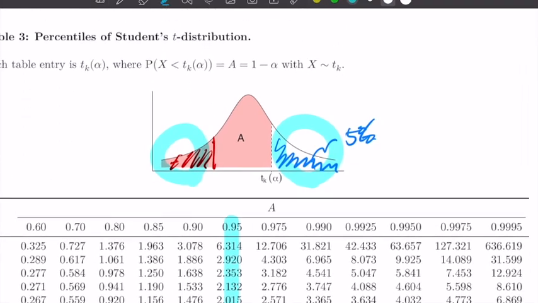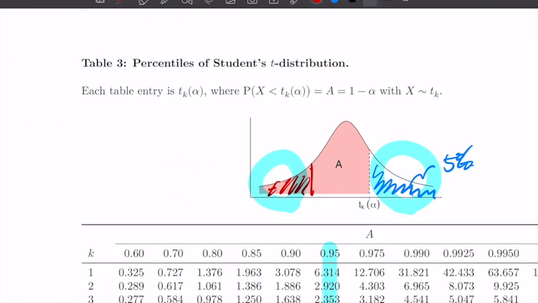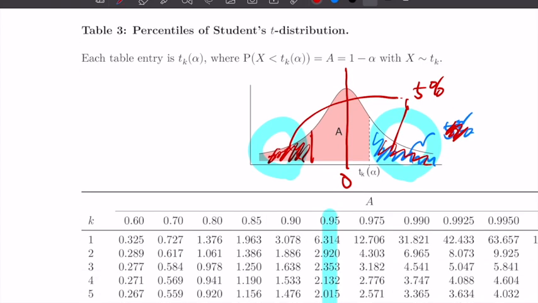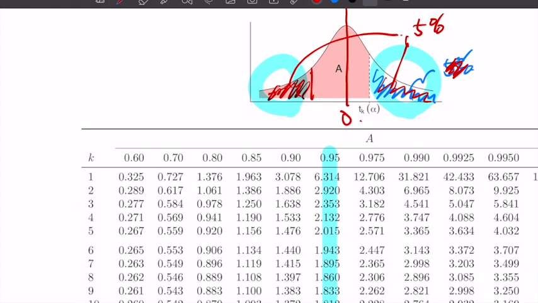But the T distribution is symmetric around 0. So if we want the sum of these shaded regions to be in total 5%, then we look for the significance level of 2.5% for the upper part.